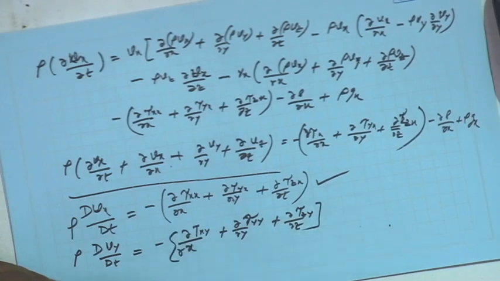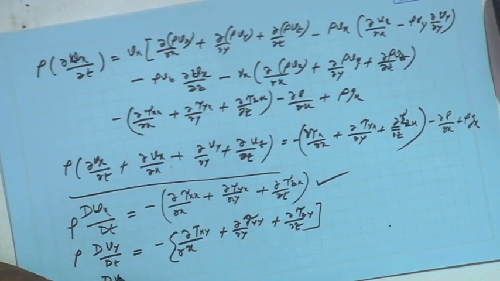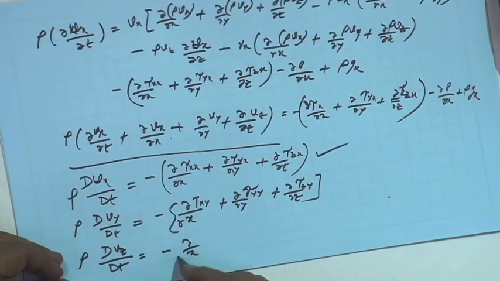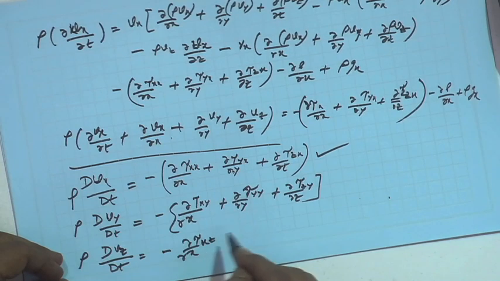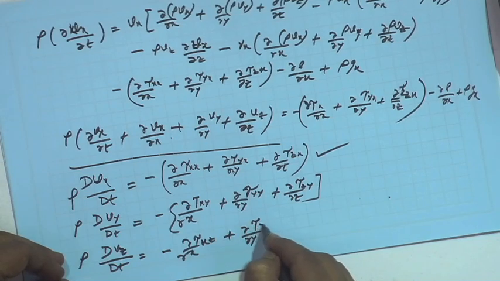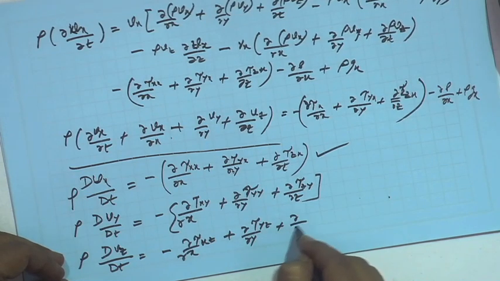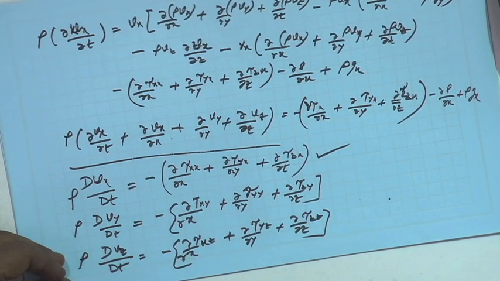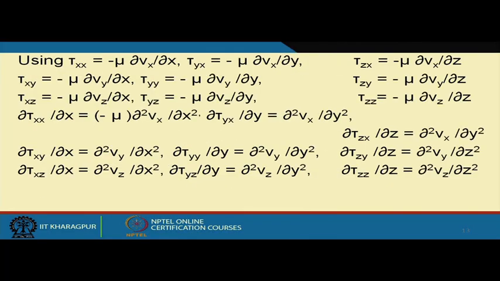And similarly for the z component, rho capital D Vz by Dt, this is equals to again minus del x of tau xz, right, plus del y of tau yz plus del z of tau zz, right. So, these three can be written easily, right.